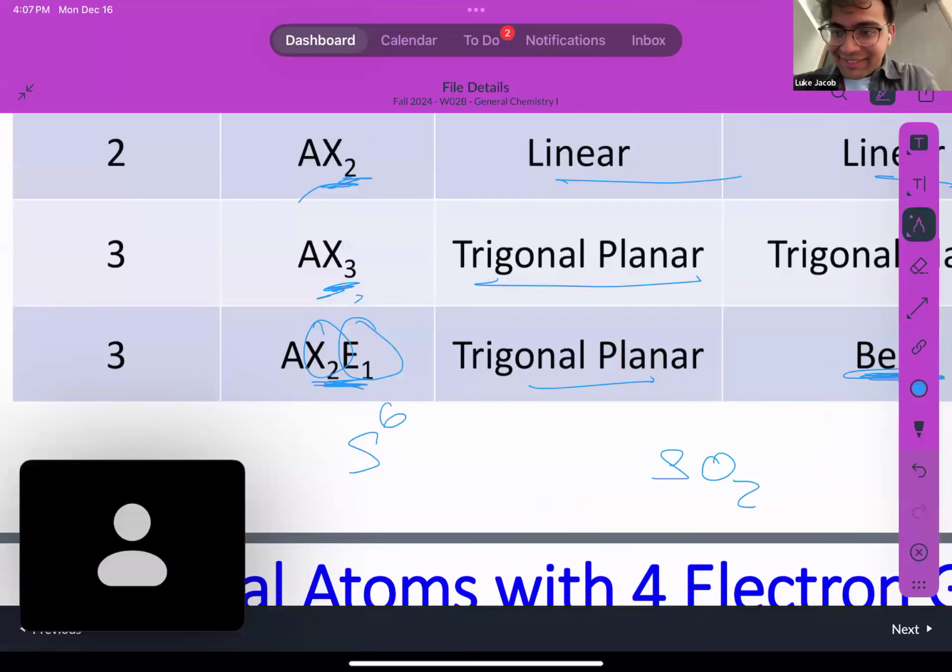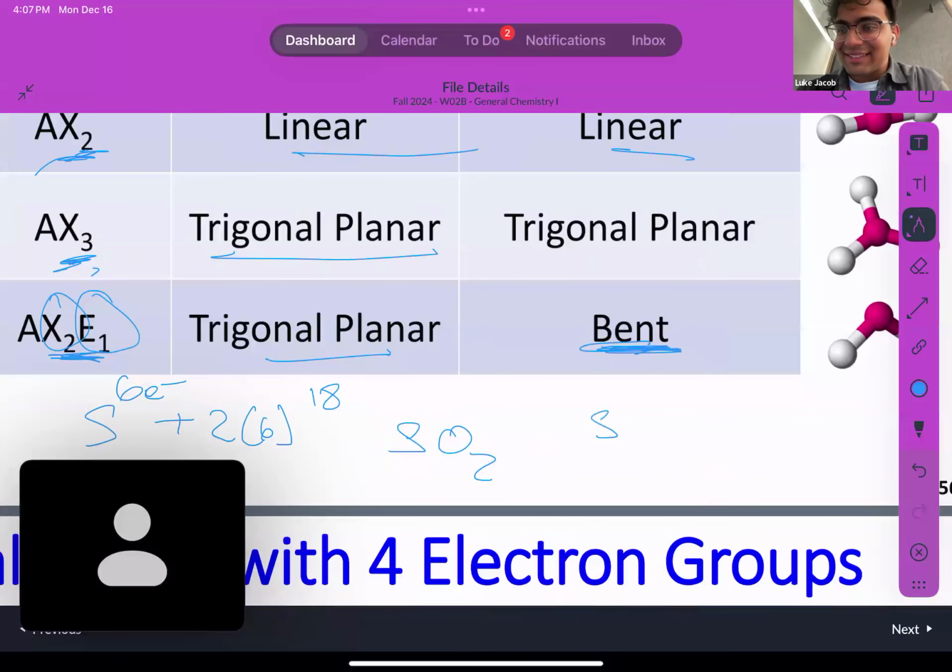Anyways, it's 6 valence electrons for sulfur because it's under oxygen, plus 2 times 6, which is 18 total. Drawing S, O, O, there are 16 electrons, so you put a double bond and a lone pair.